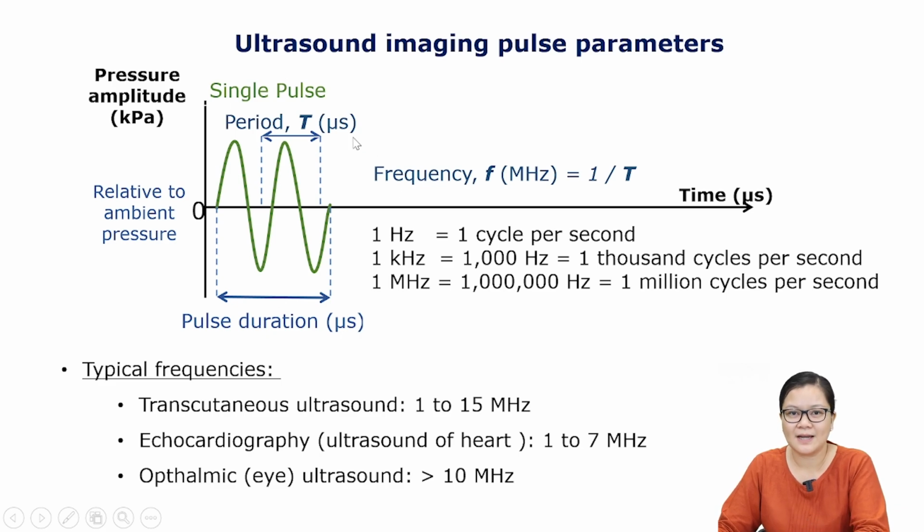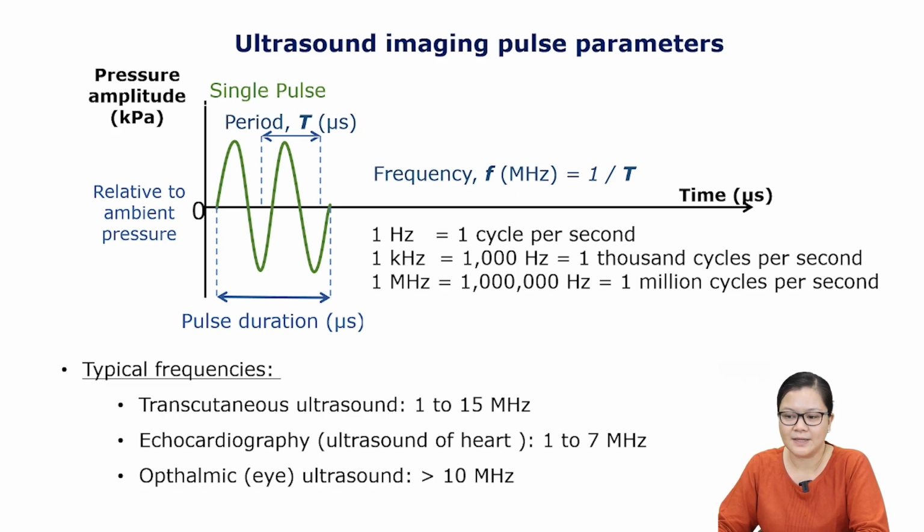This pulse can be characterized by several parameters, including one period. I mentioned earlier that the single pulse can be a sinusoidal pulse. So one period corresponds to one cycle of this pulse here, and that's typically denoted as T. In ultrasound, because we image at megahertz frequencies, the time of the single pulse is usually around microseconds.